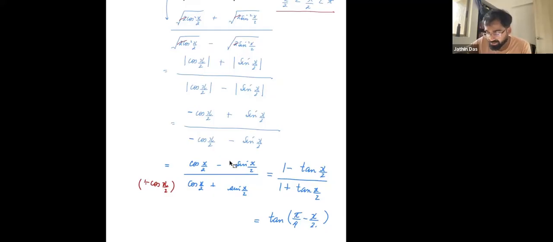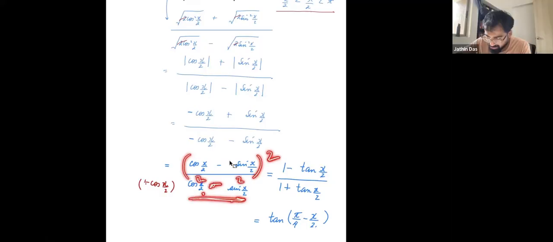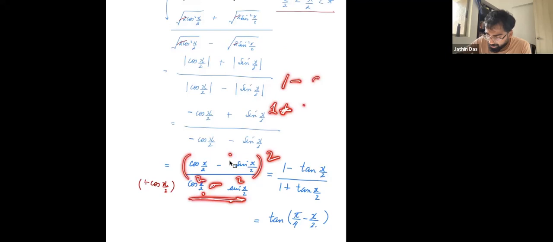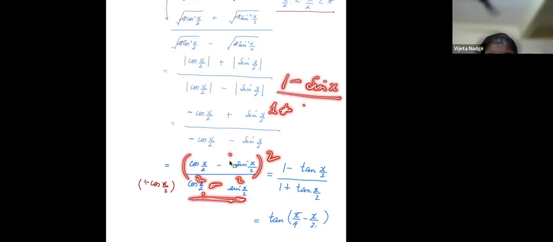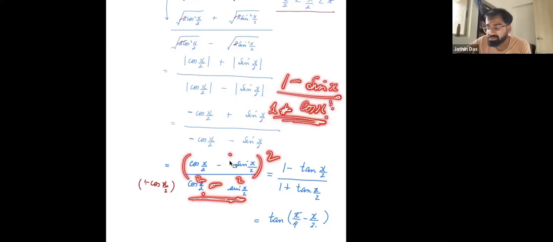Okay, like that you're saying. Then what will happen? Its square will come. This will become 1 minus sin x, and this will become cos x. We can do either, depending on how the answer is given.